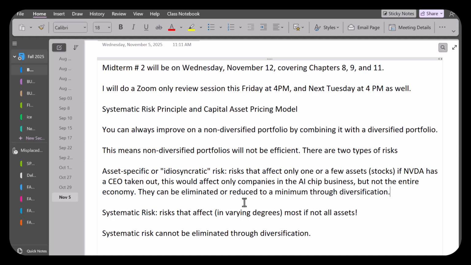On the other hand, you cannot get rid of systematic risk through diversification. Depending upon your choice, you can be subject to a lot of it, or you can be subject to a little of it. But it's not going to be zero.